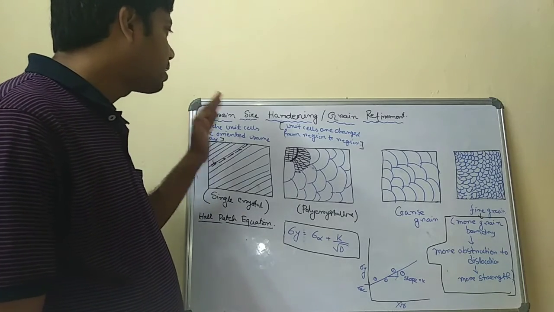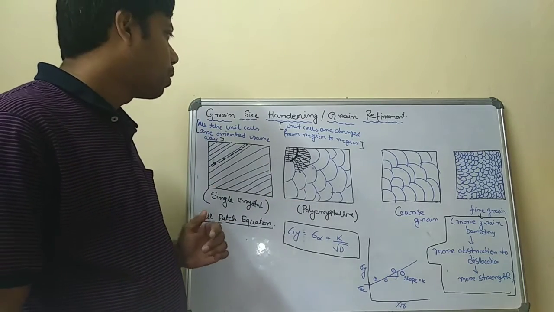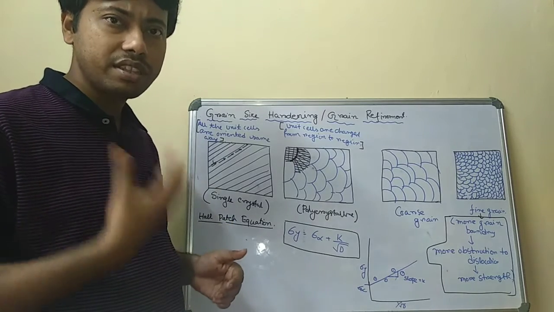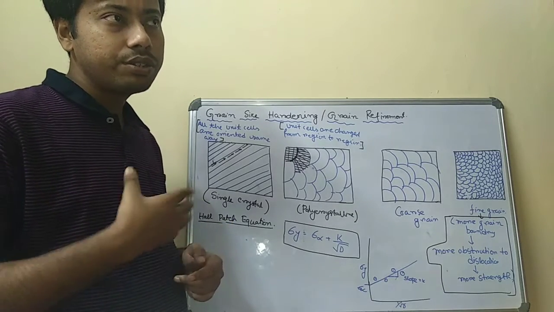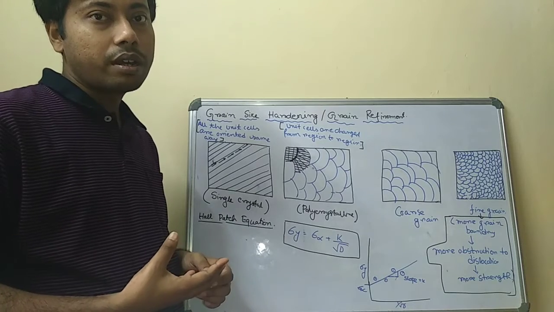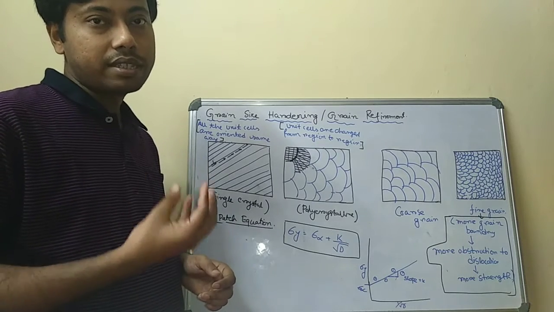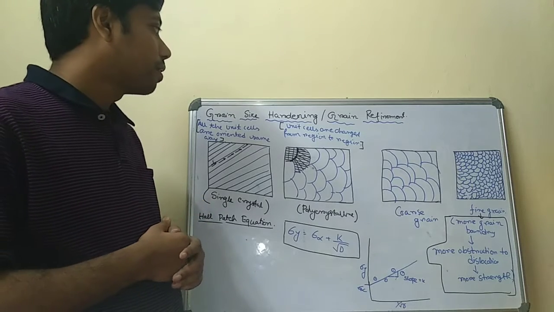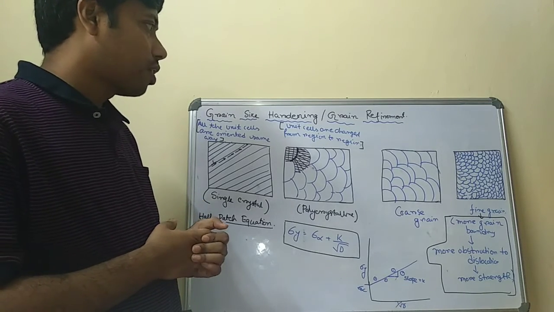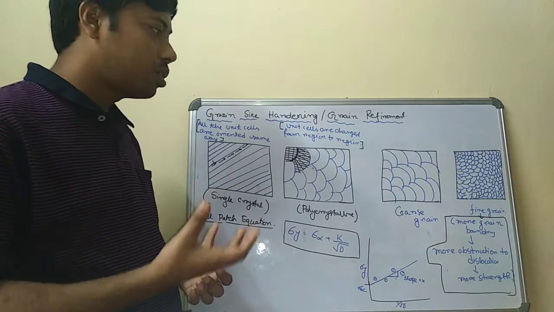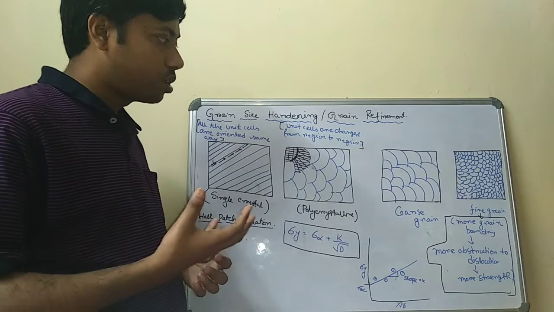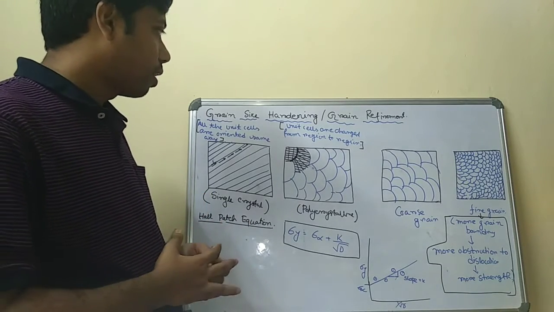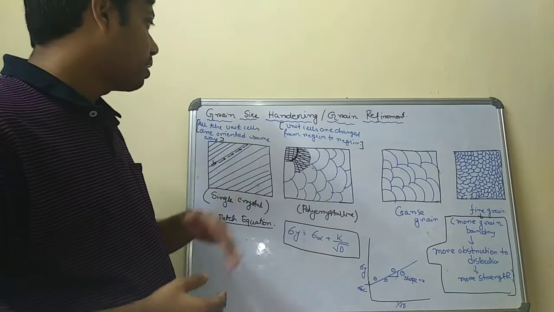The name suggests that we can make the material stronger by producing grains of smaller size. If you produce fewer, larger grains, then you get a coarse grain structure. Now, grain size hardening or grain refinement.